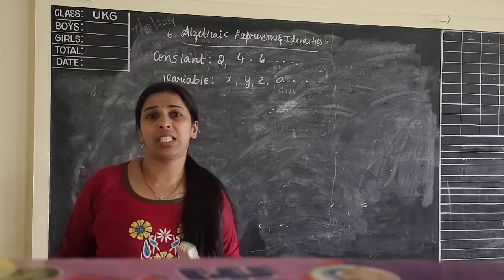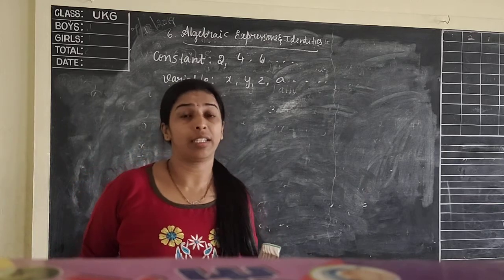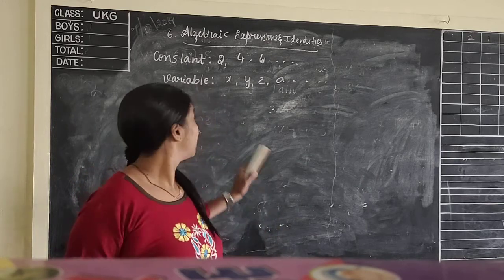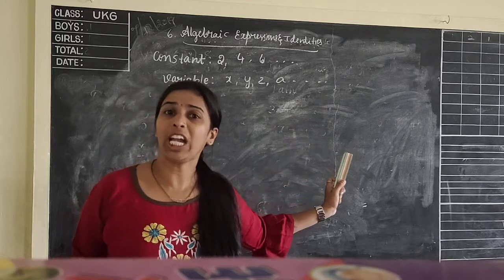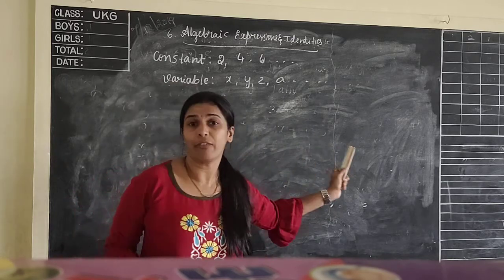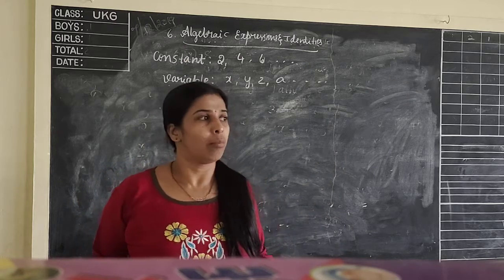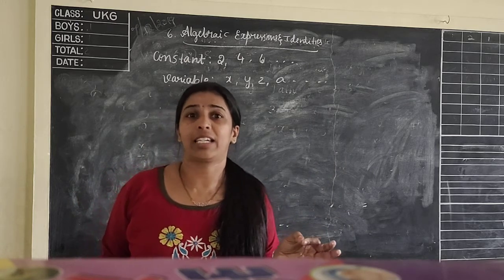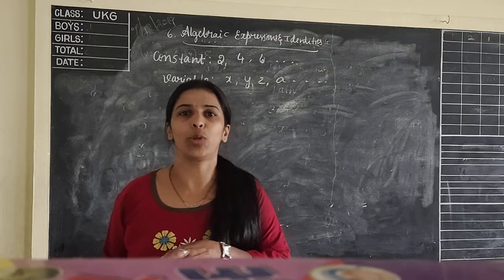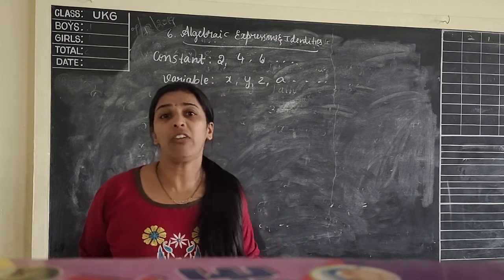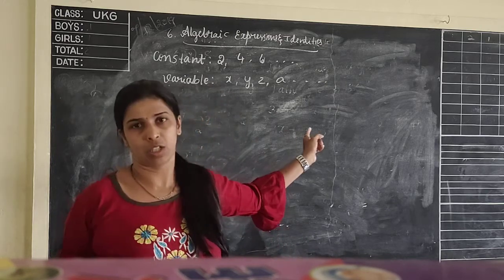Any alphabets in the small letter, not in a capital letter, that is called a variable. Why are we calling these alphabets a variable? Because we can give any values for those. For x, we can take, let x equal to 1, let y equal to 10. Like this, we can give any values for these variables.